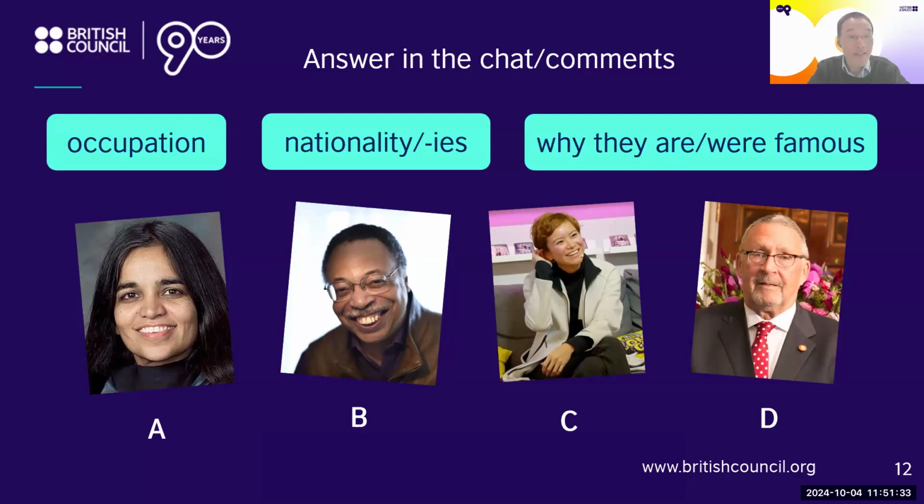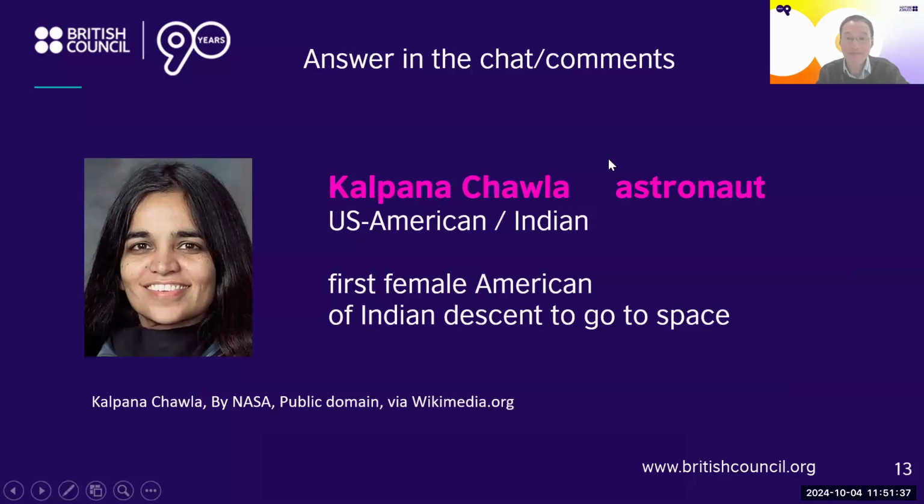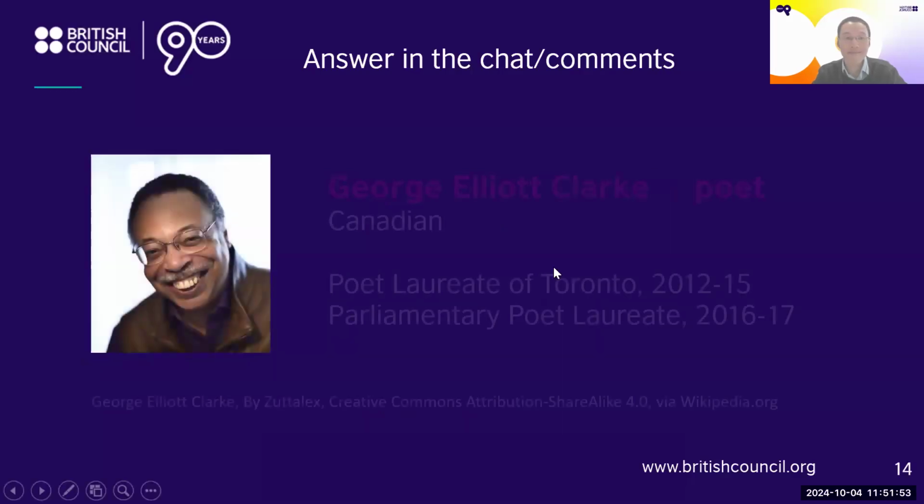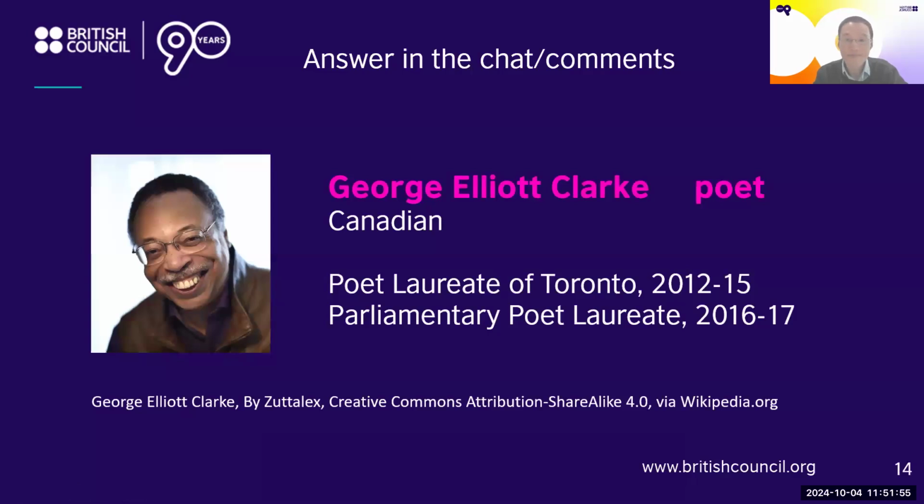Now, shall we have a look together? So let's start with person A. She's an astronaut, actually, and she was born in India, and she's American. And person B is a poet from Canada.